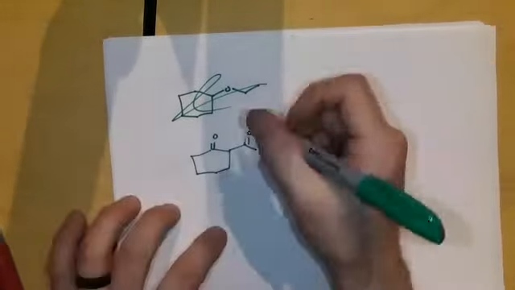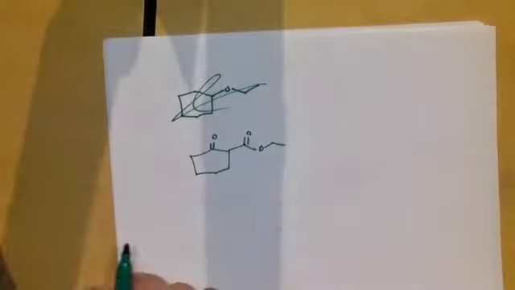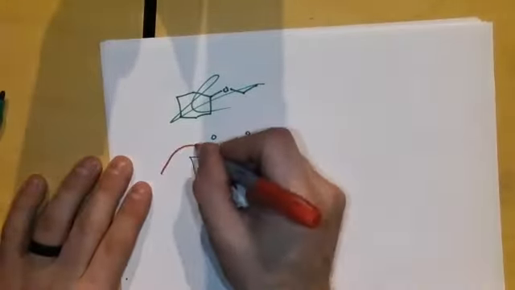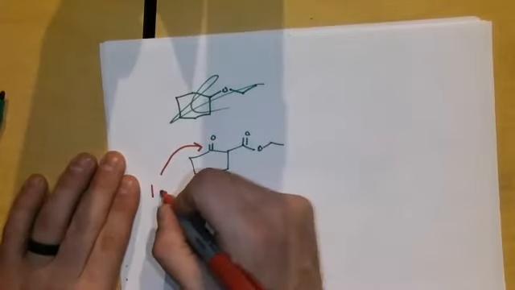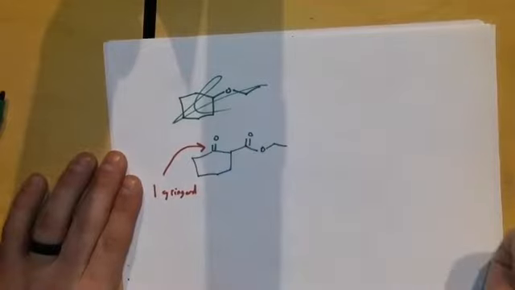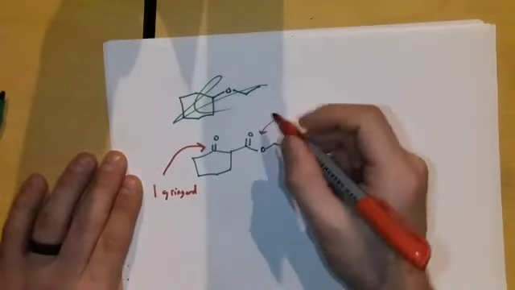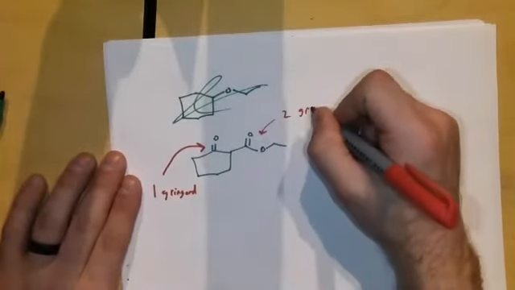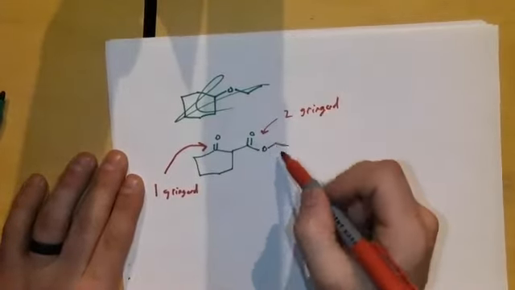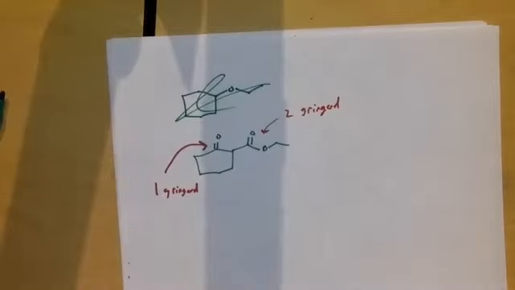This is a little different. You can do 1 Grignard with a ketone or an aldehyde, and you can do 2 of them here, because once we do the attack, we can actually kick out this ethanol.